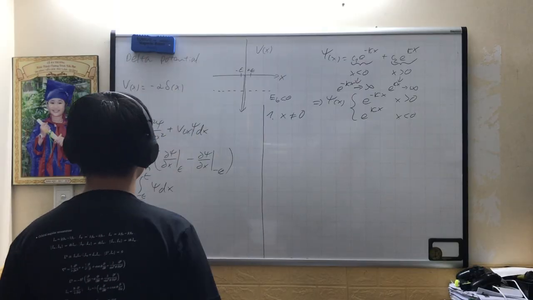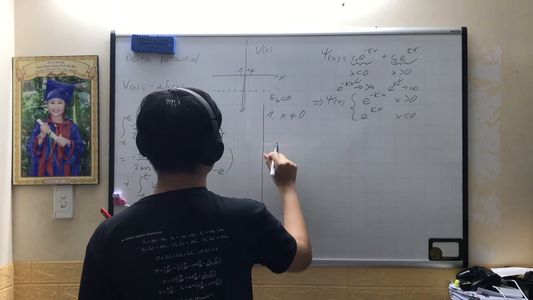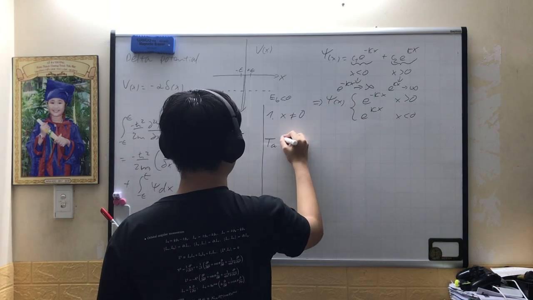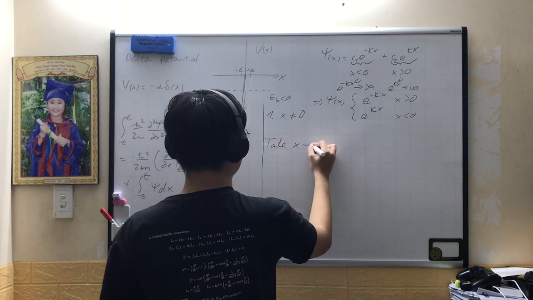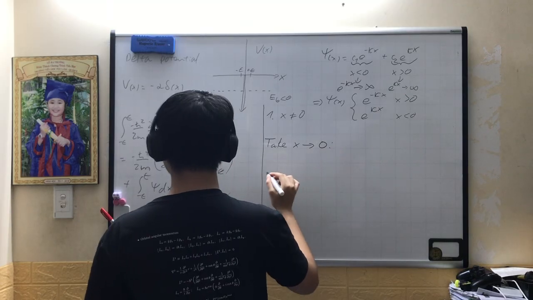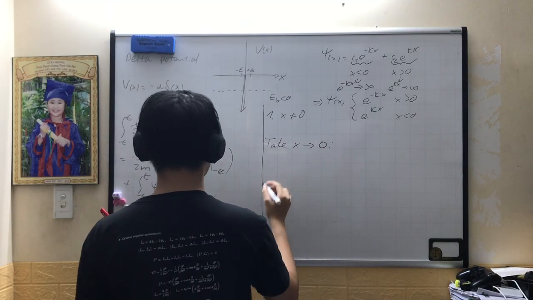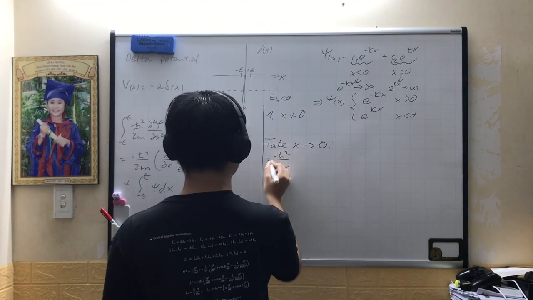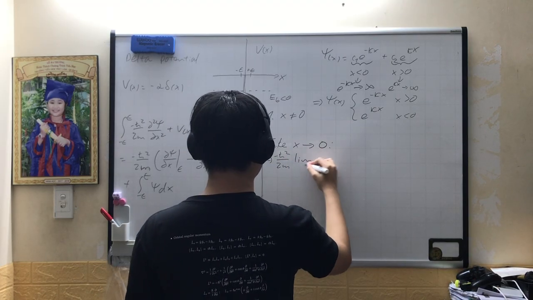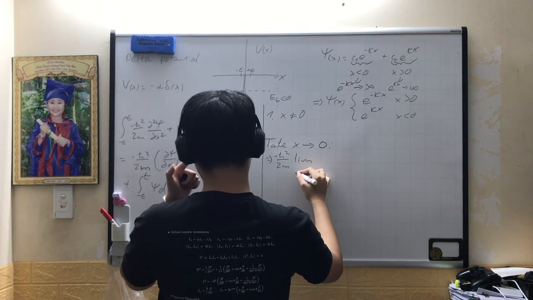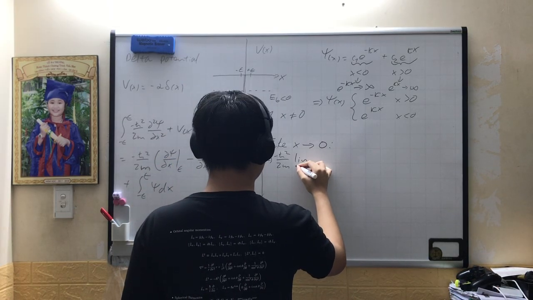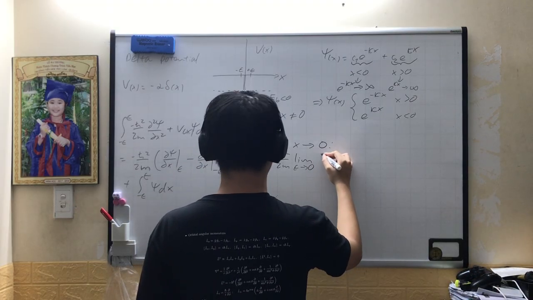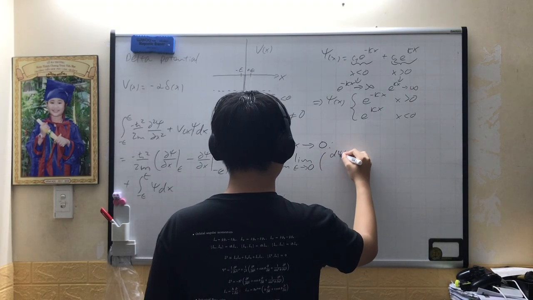Okay, so what did I say? Right now we're gonna take epsilon and let that go to 0. That is taking the limit. So we would get the limit of epsilon going to 0 of these guys.